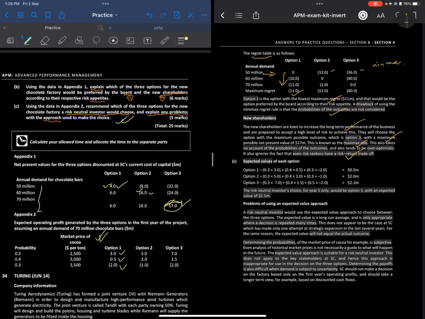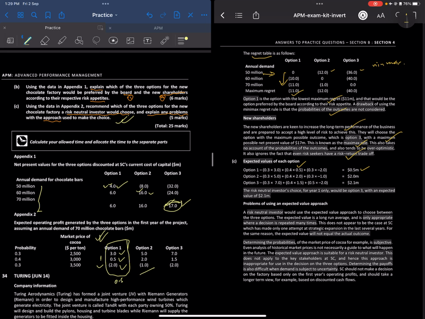For option A, these are the 3 possible outcomes, right? So that is 0.3 into 3.3 plus 0.4 into 0.5, and 0.3 into 0, or minus 2, you could say, right? That will give us a value of 0.5.